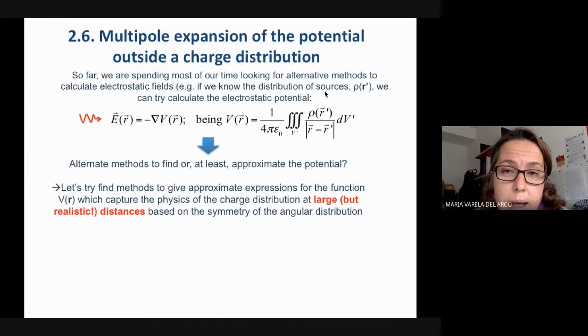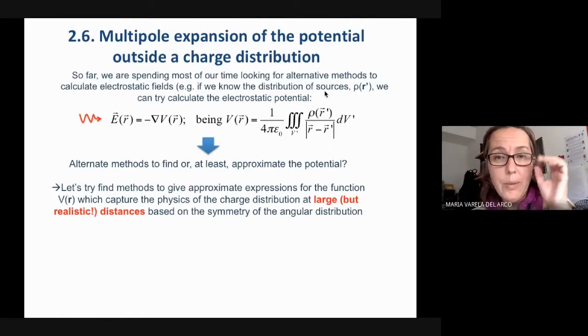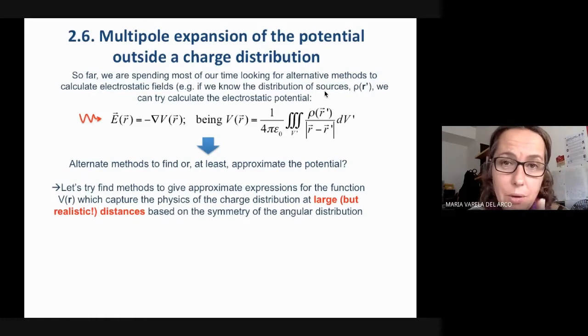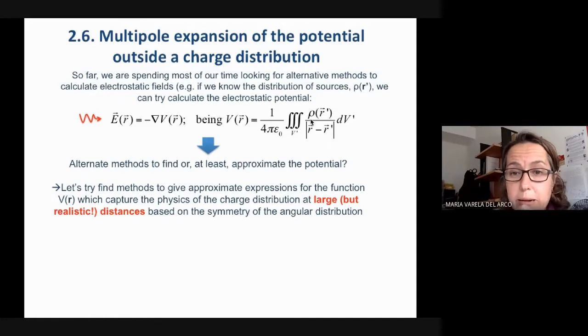So like I was saying, and I will insist, we are going to talk about the method that is valid when we are far away from the sources, at large distances. By large distances means that the distance where I am calculating the field, this is my vector r, the position over here in this integral, is a lot larger in modulus than any value of r prime within my volume V prime where my sources are.